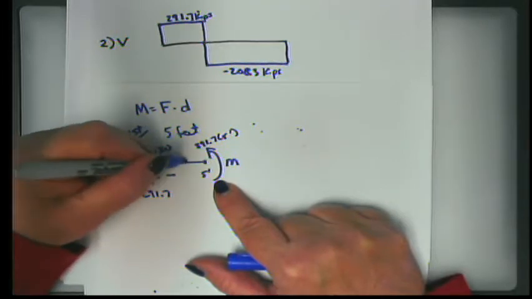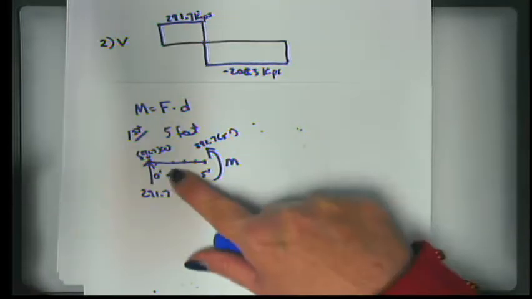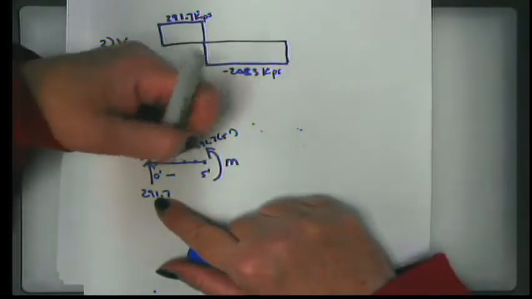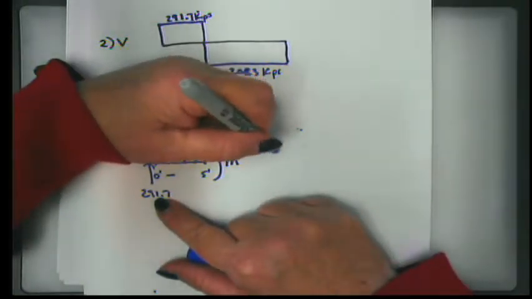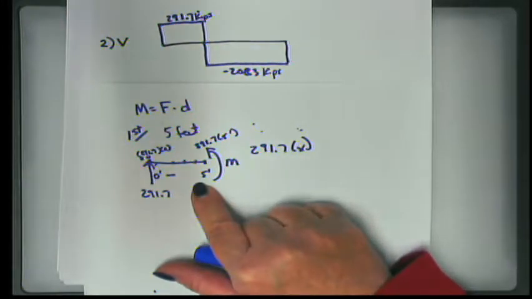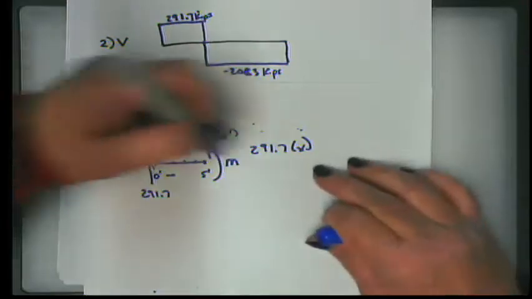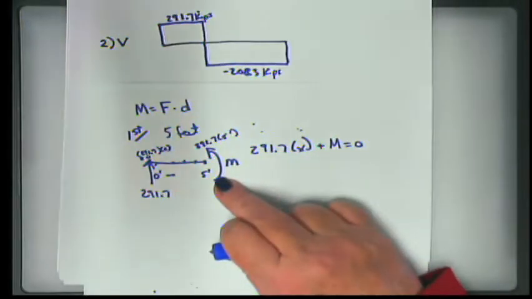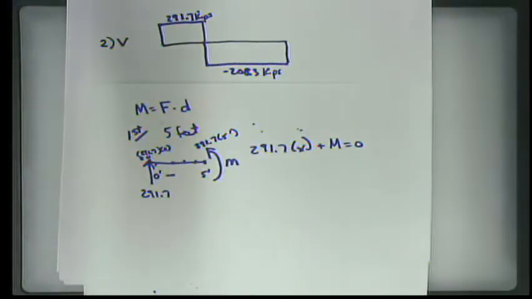What is it everywhere here? The 291.7 stays the same, but the moment arm increases. So in general, what we have is 291.7 times the distance, x, which goes from 0 to 5, plus this moment is equal to 0.